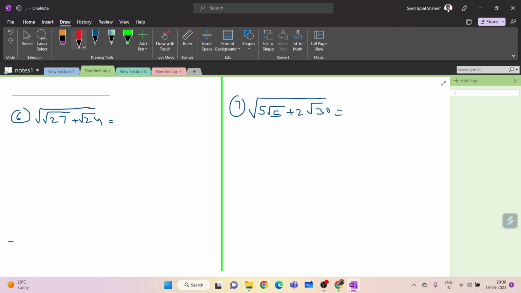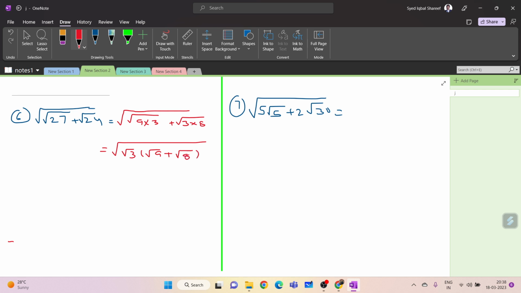Suppose this type of problem is square root of root 27 plus root 24. This type of problem, first bring it into the standard form. How to bring? 9 into 3 is 27 plus 3 into 8 is 24. So here you have root 3 common. If you take root 3 common, you have root 9 plus root 8.